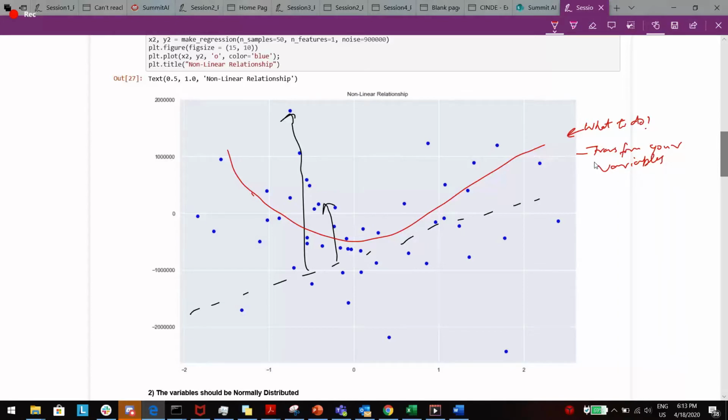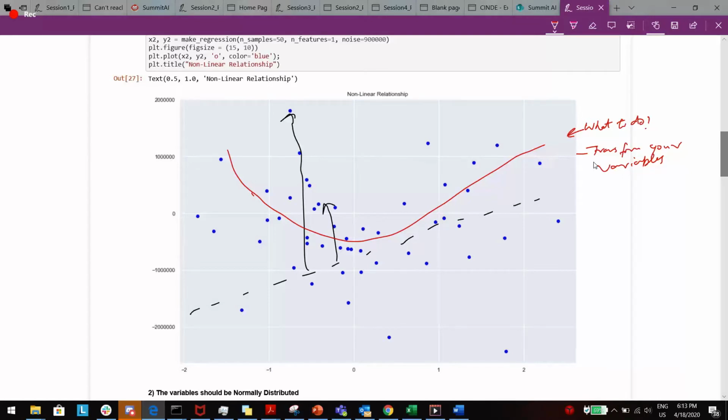That is one way you can try to fit a line through this given data, and there might be many nonlinear relationships like quadratic, logarithmic, but there are ways to overcome that.